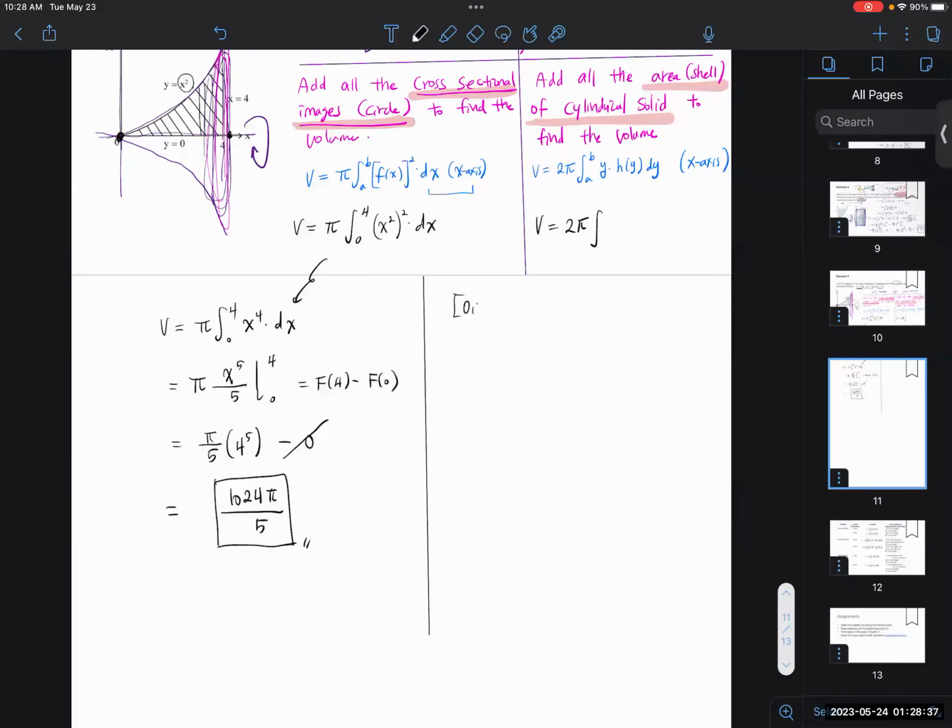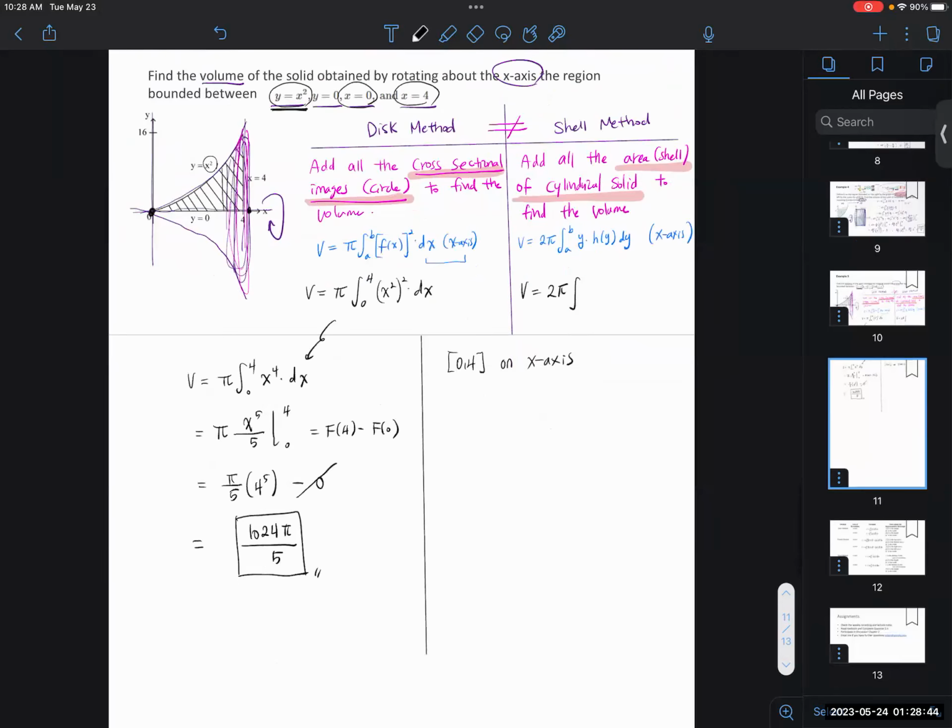0 to 4 is on the x-axis, but this is going to be the y variable. So your radius of the circle should be in terms of y. Are you following? Because that's the cylinder's radius. To convert it, we know y equals x squared, so 0 squared and 4 squared, which is on the y-axis. Therefore we use 0 to 16.